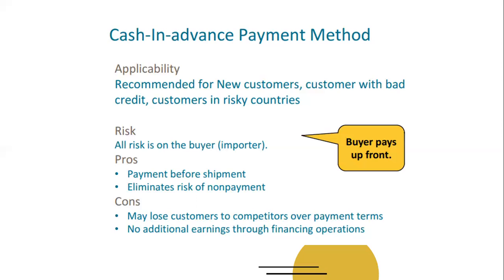In such situations, the seller can say, look, you're a high risk kind of client. I'm really sorry, but we need the payment in advance. If that happens, the importer, the buyer, has all the risk. They have to make the payment before they're even receiving the goods.